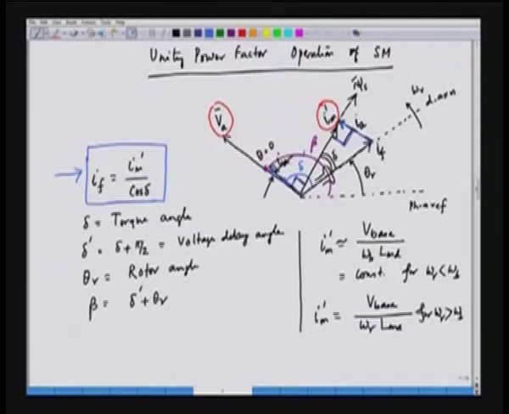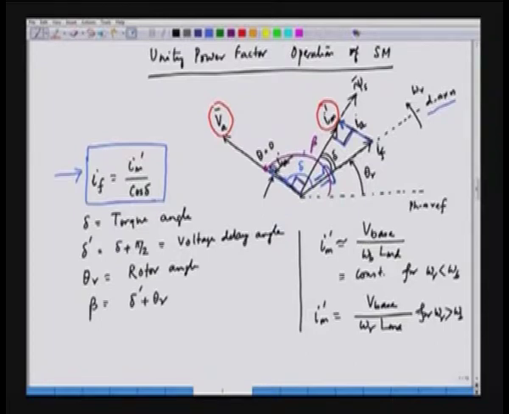If is along the field axis, the D axis. We have the field pole here. So this triangle has sides If, Ia, and Im prime, and Im prime is the magnetization current.